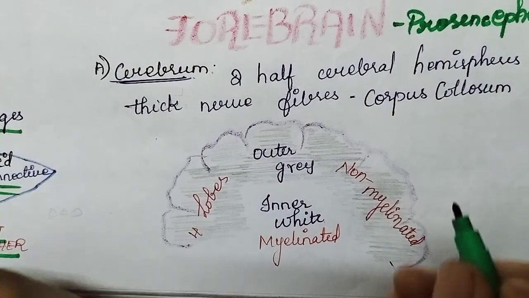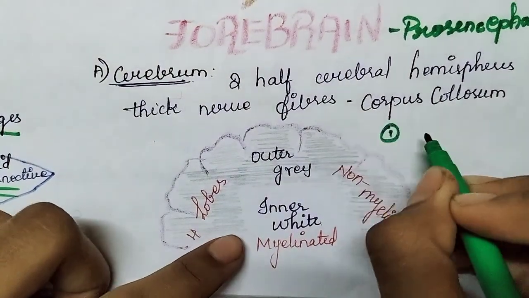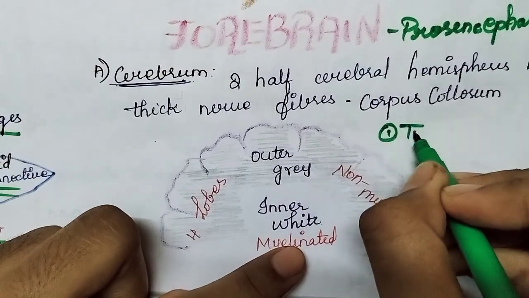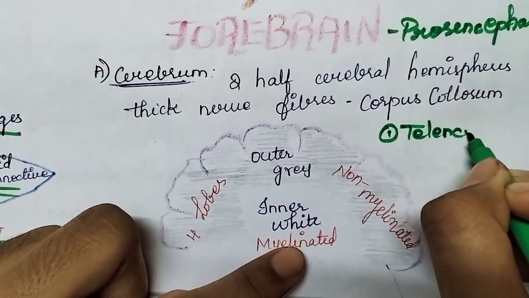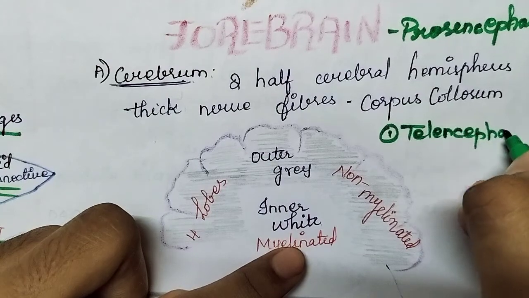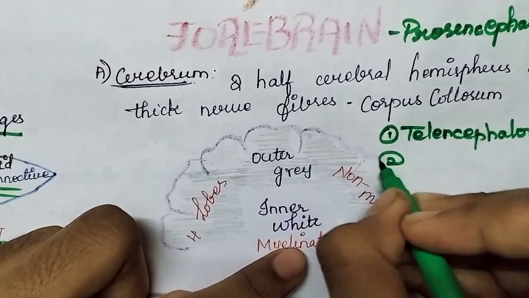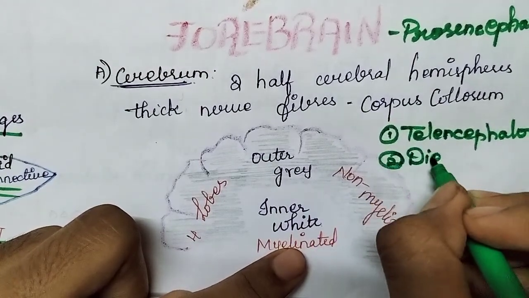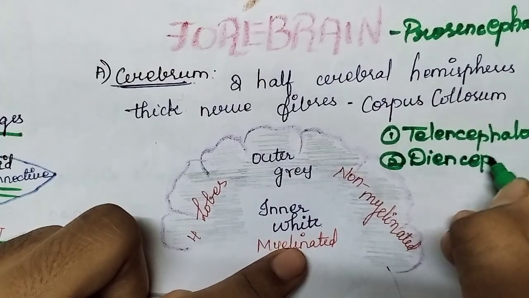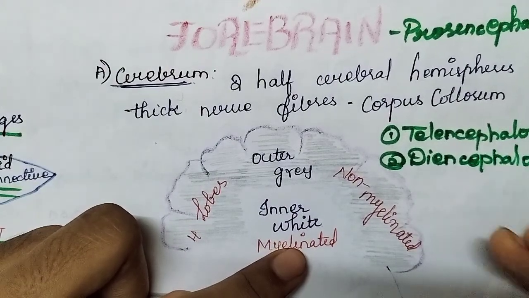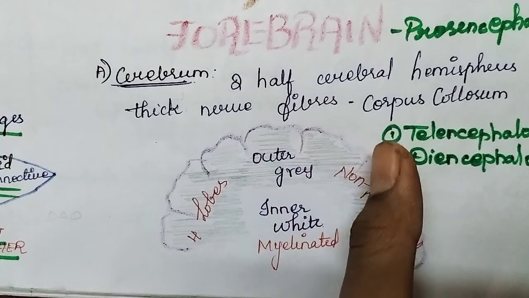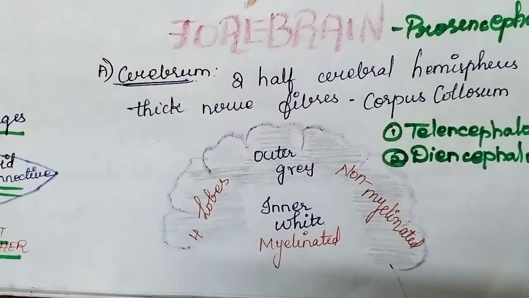Telencephalon and diencephalon. The first one is the telencephalon, and the second one is the diencephalon. Okay, clear? So the telencephalon is the part cerebrum.